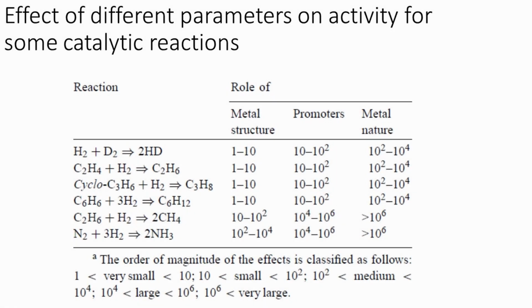Could you investigate this table as homework? A heterogeneous catalyst is a composite material characterized by the relative amounts of different compounds: active species, physical or chemical promoters and support.